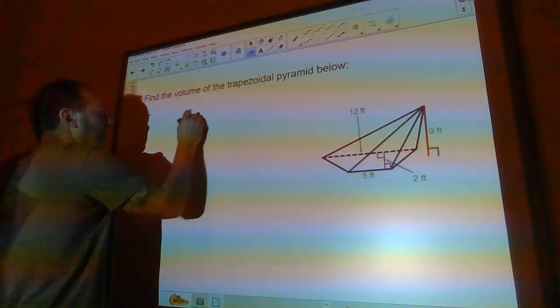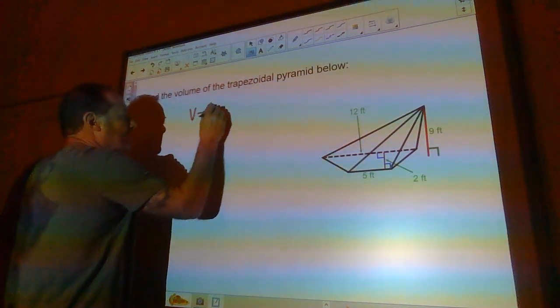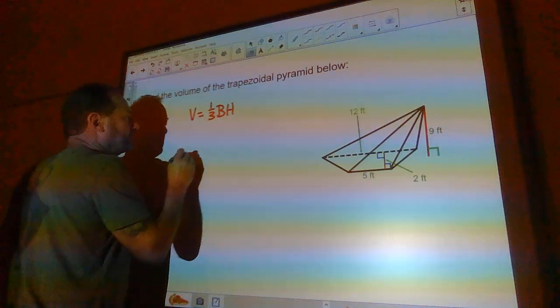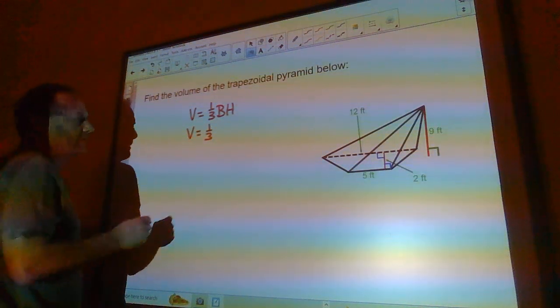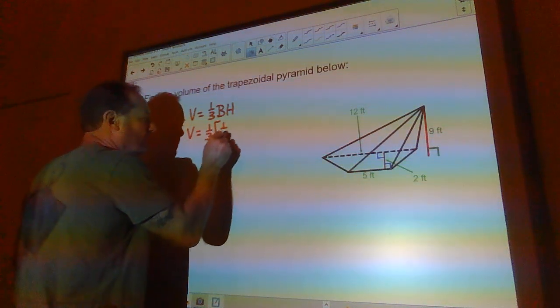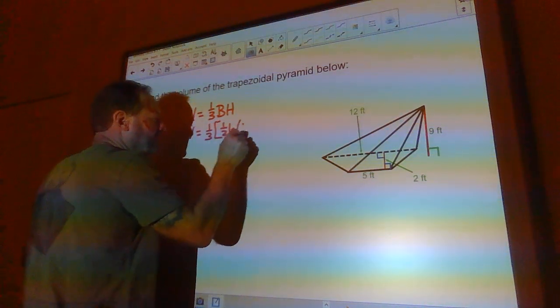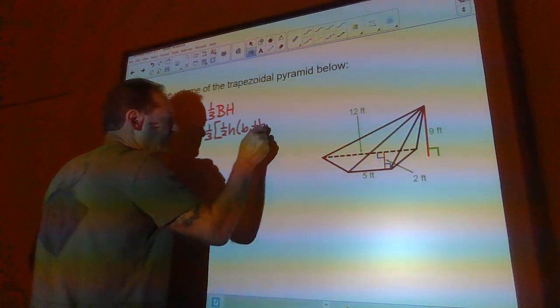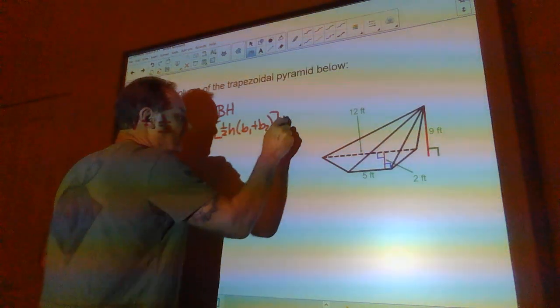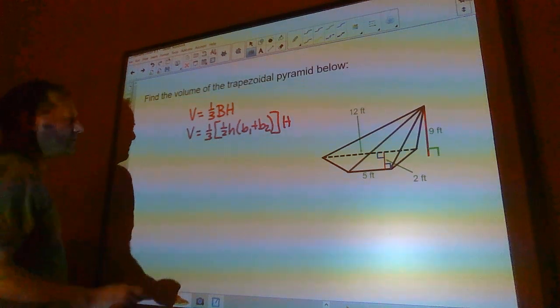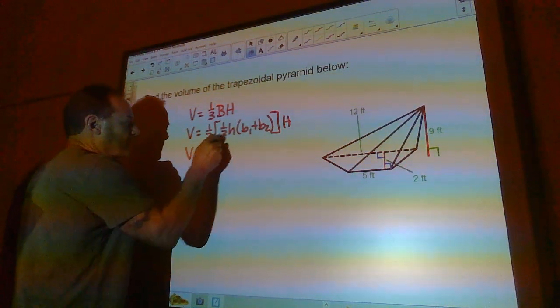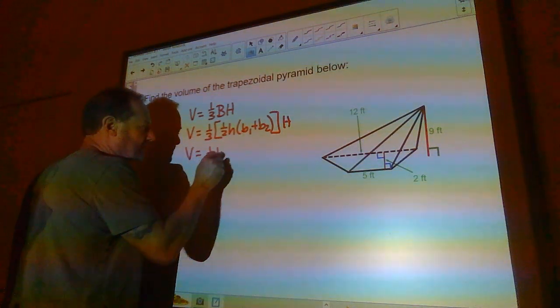Okay, so the volume is going to be 1/3 the area of the base times the height. The base is a trapezoid, so this is going to be 1/2 the height of the trapezoid times base 1 of the trapezoid plus base 2 of the trapezoid, times the height of the pyramid. 1/3 of 1/2 is 1/6 again.